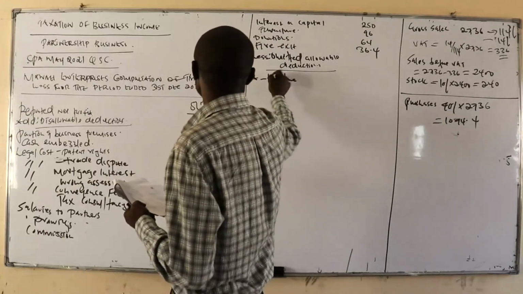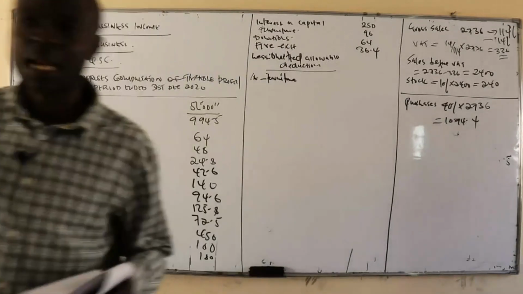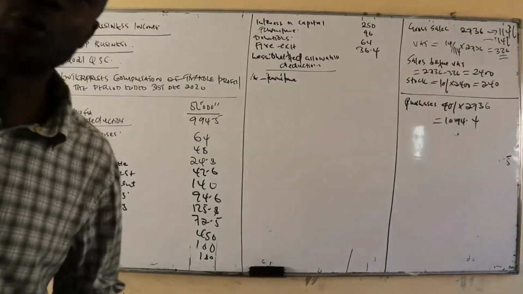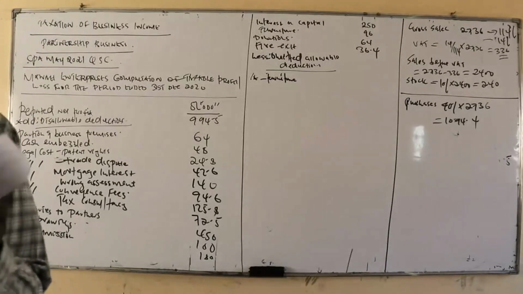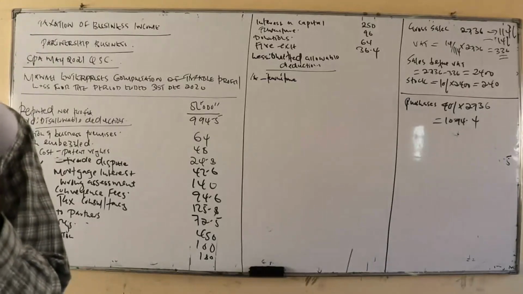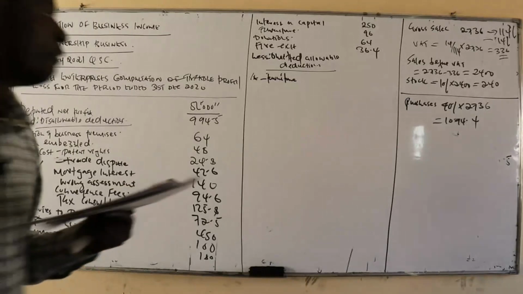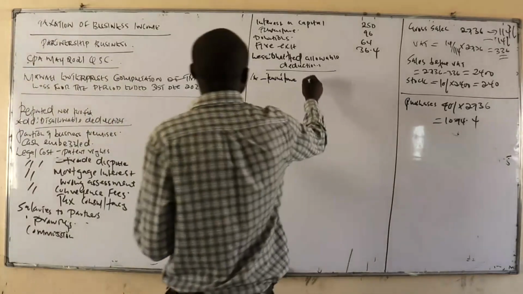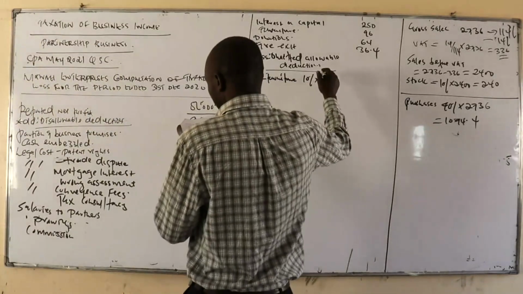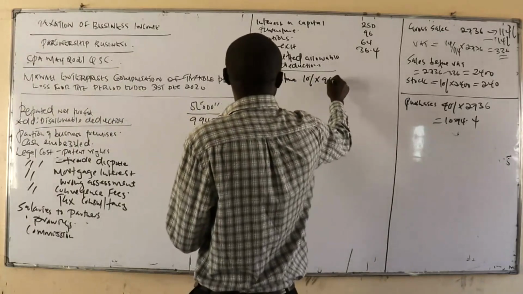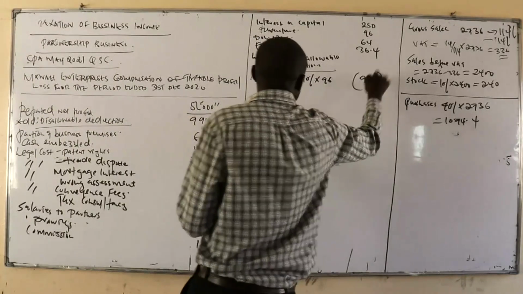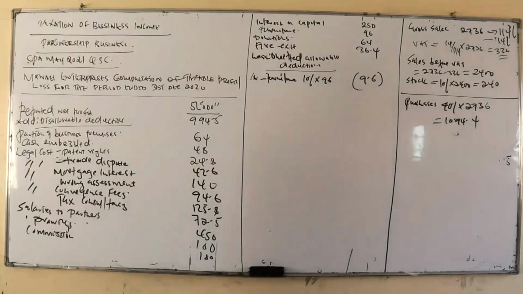Where you have not been given the block figure for investment allowances, you compute for individual items. We have furniture. Furniture is 10% of the cost of the furniture, which is 96. So this one is going to be 9.6. That is investment allowance.